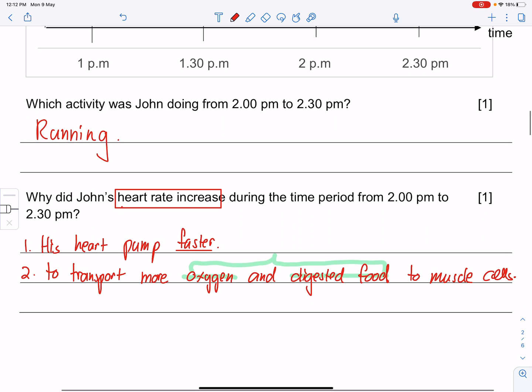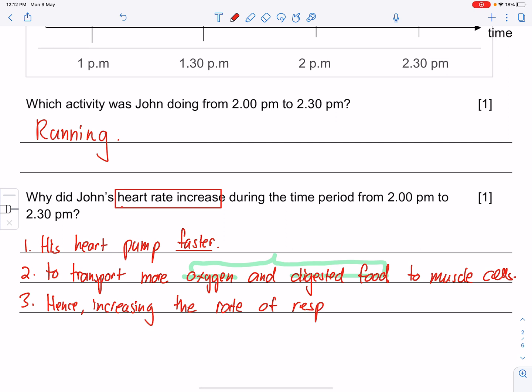Okay. Now, how come you want to transport more oxygen and digested food to muscle cells? This would be to, hence, increasing the rate of respiration. Very important.